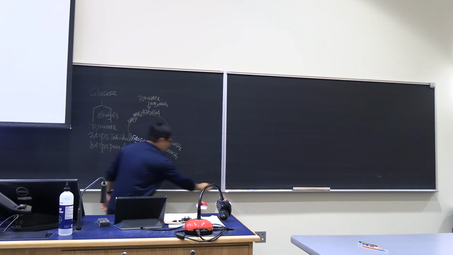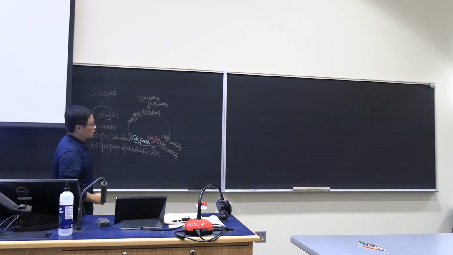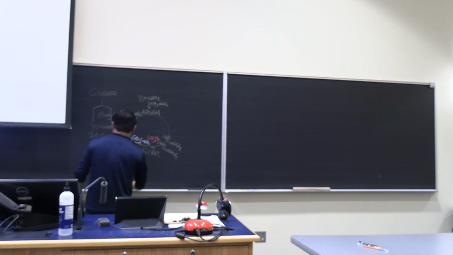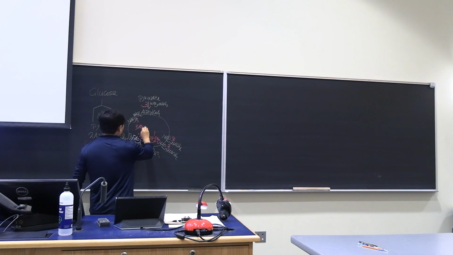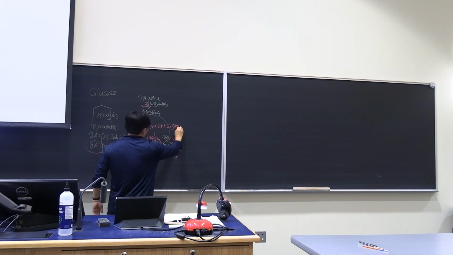And don't forget, GDP becomes GTP. So how many ATP are created? There's 8. This is 3, 3, 3, 1, 2, and 3. So 3 ATPs multiplied by 4, add 2, add 1, equals 15 ATPs.